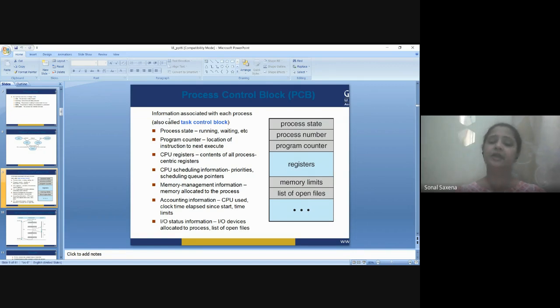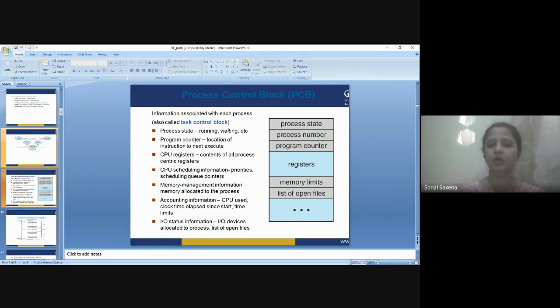It is given to each and every process. Why? To store some specific information related to it, right. Now, what does this process control block cover? Here you can see the structure of a process control block.